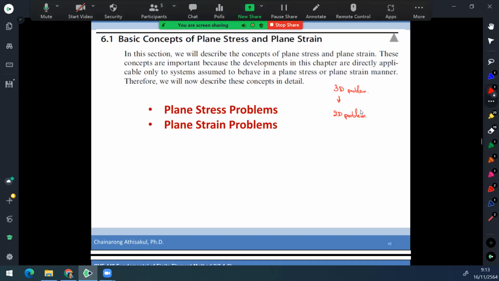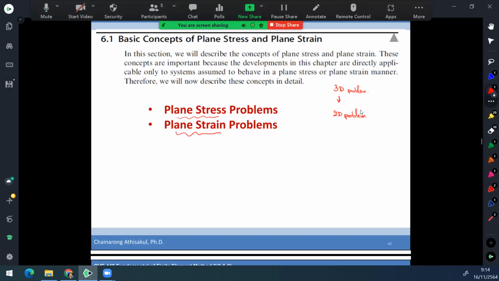Okay, in order to reduce the problem to two dimensions, we have two types of problem. First, the plane stress problem, and second, the plane strain problem. First of all, we have to understand that the plane stress problem and plane strain problem actually come from the three-dimensional problem, but we simplify it, reducing the effect of the out-of-plane to a particular one in the plane problem.